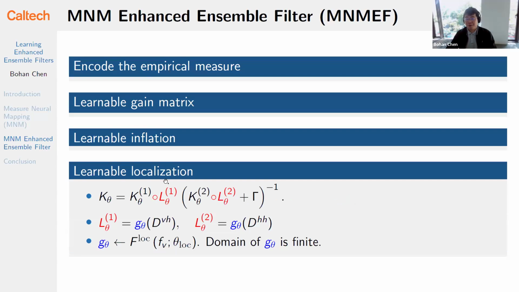And also we have learnable localization. The localization idea is that people want to adjust the covariance matrix by some distance-to-weight functions. The idea behind it is that if the ensemble size is not large enough, there might be some fake correlation between certain dimensions, so we will eliminate some of the correlation if the distance between two dimensions is very large.